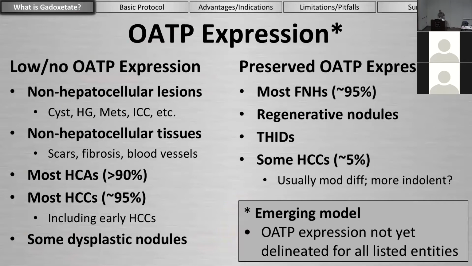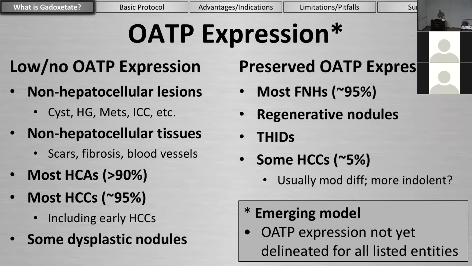Some tumors that are made of hepatocytes also have low or no OATP expression. So for example, most adenomas have low or no OATP expression. Most HCCs have low or no OATP expression, and some dysplastic nodules have low or no OATP expression.